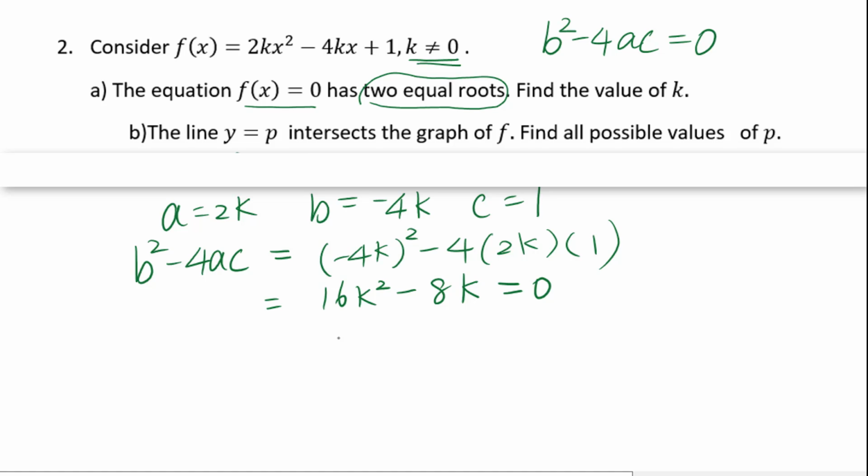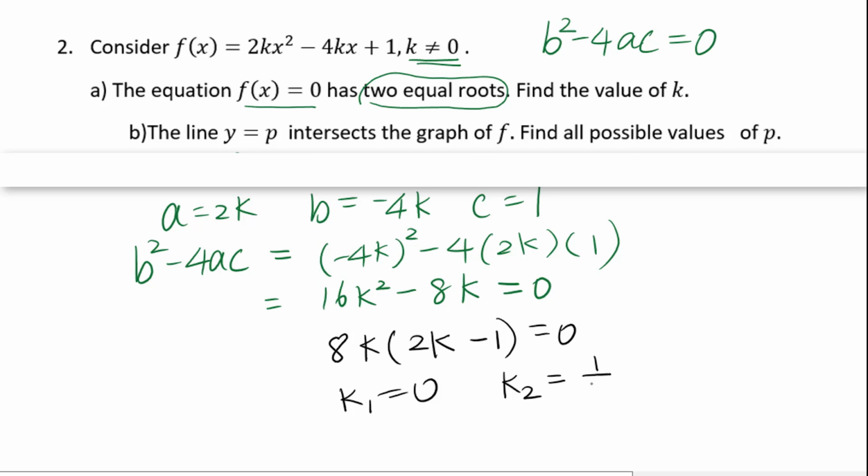The common factor will be 8k: 8k times (2k minus 1) equals 0. k1 equals 0, k2 equals 1/2 because 2k minus 1 equals 0. Since we are given that k is not equal to 0, we cross this out. k equals 1/2 is the solution.